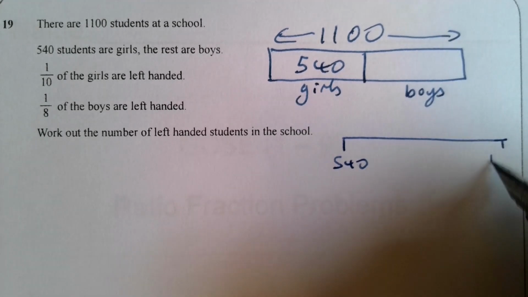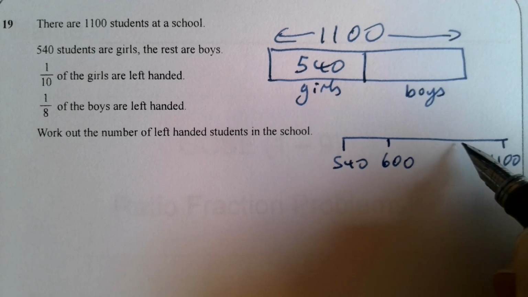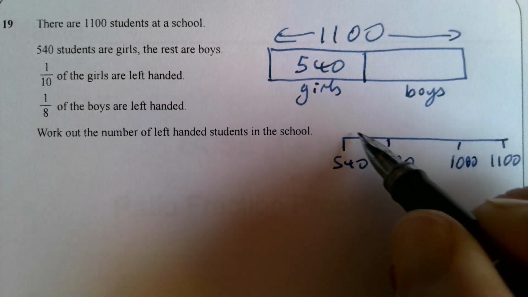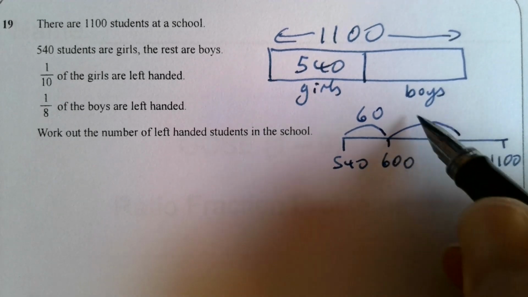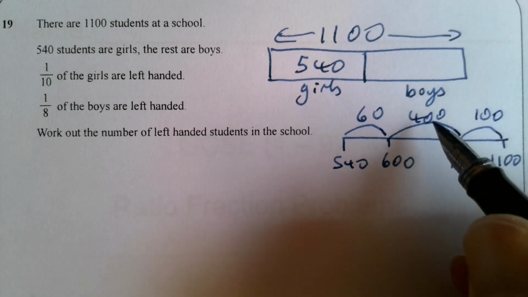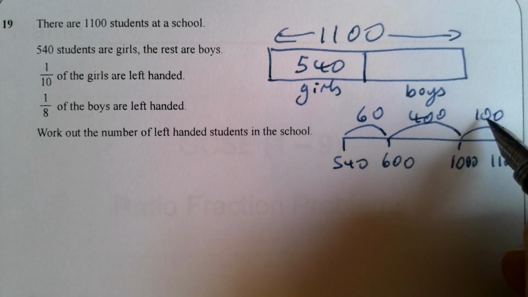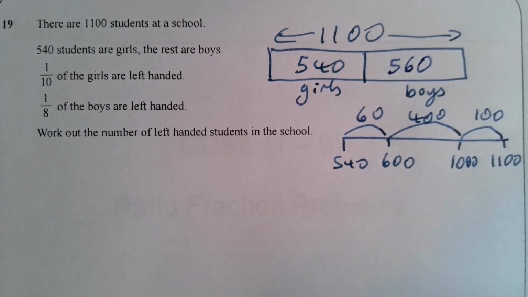That's what we've been doing, so let's do that. What's the important bits? So 600 and 1000, I reckon. So we go 60 up to 600, we go 400 from 600 to 1000, we go another 100 there. So 400 plus 100 is 500 plus 60, we've got 560 boys.